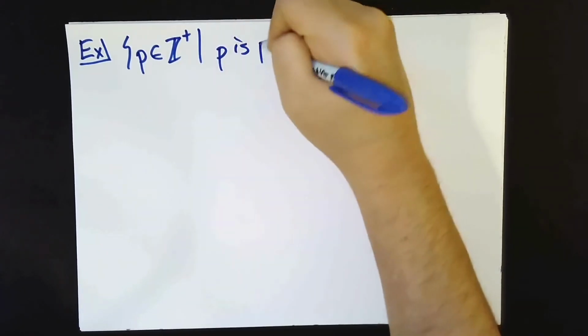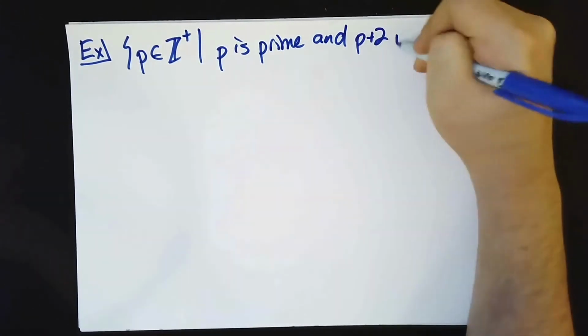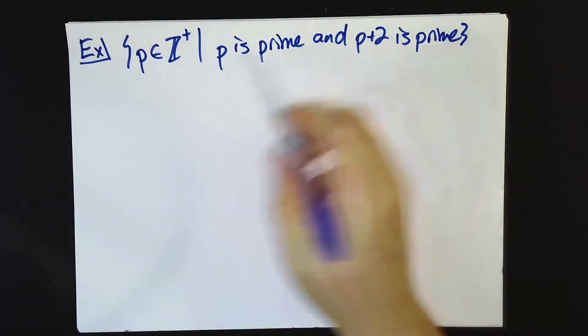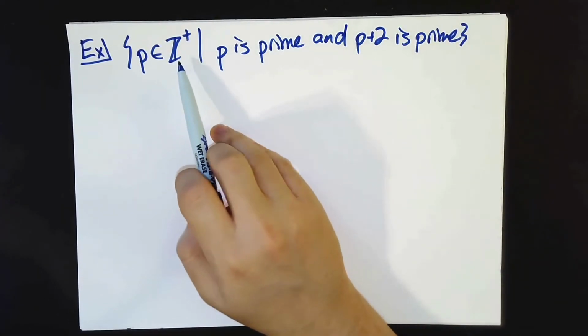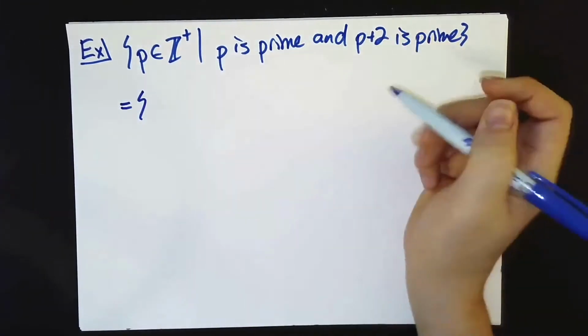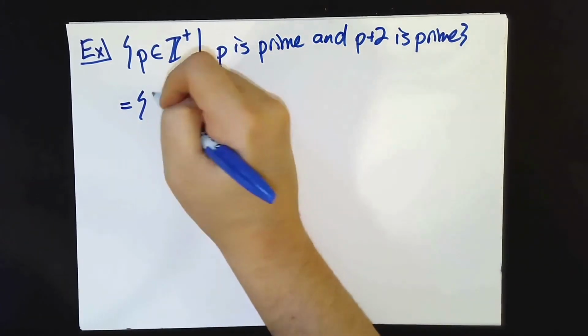So if I describe the set of p in Z plus such that p is prime and p plus 2 is prime, I know the thing I'm going to list is going to contain only positive integers. And if you take some time, you can figure out, okay, well, it contains 3 because 3 is prime and 5 is prime.